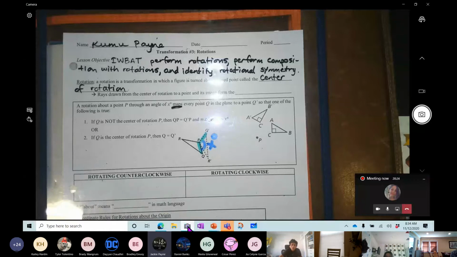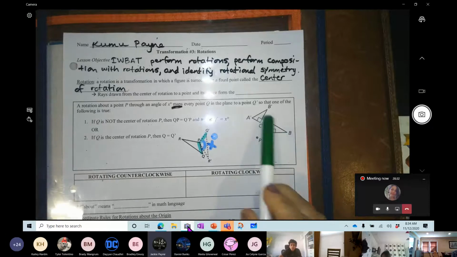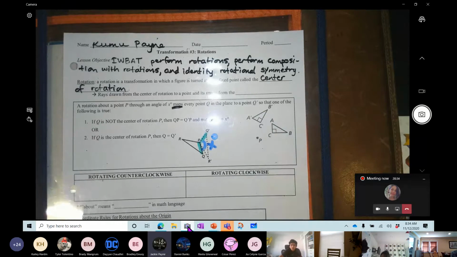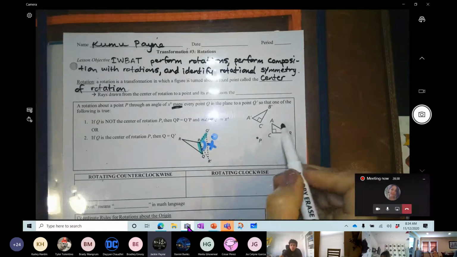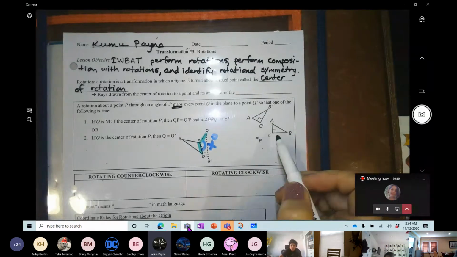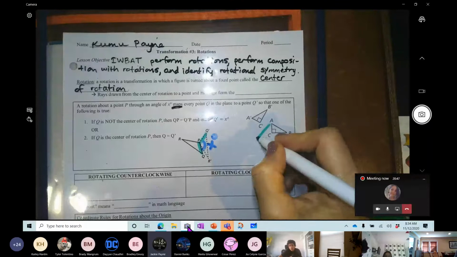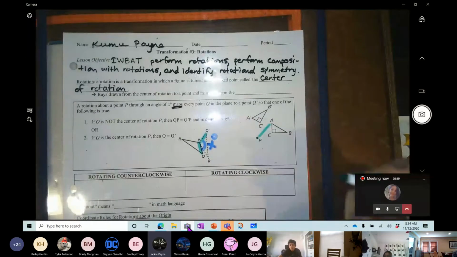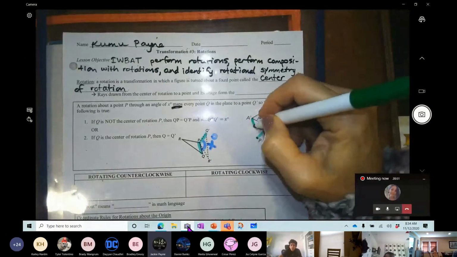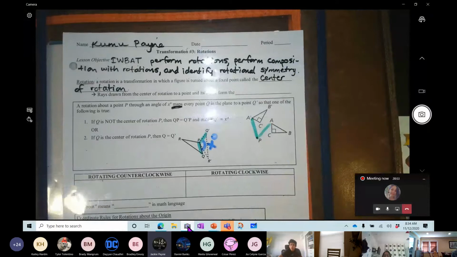So for instance, and I'll do this in color, if I were going to measure over here, P is my center, and this is my original figure. What this means is PA is going to be the same distance as PA prime.